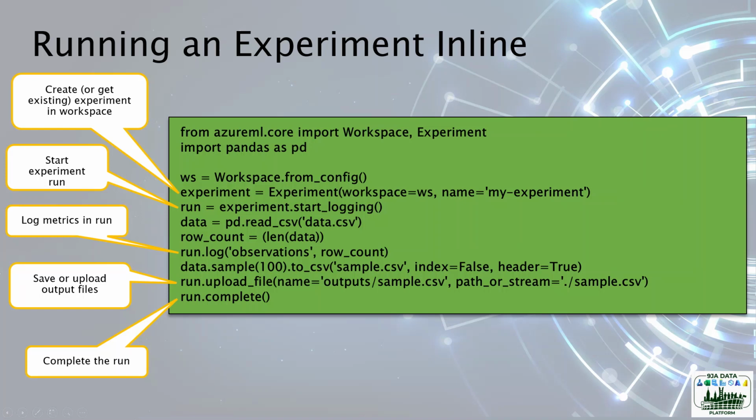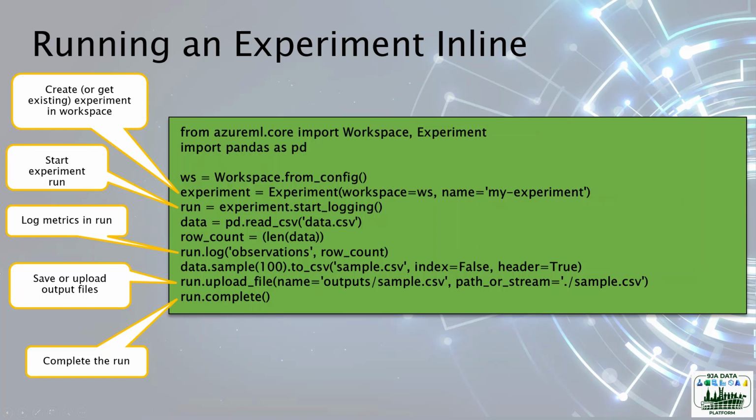We're initializing the experiment, and we are starting the log. Then we are reading data from the CSV file and counting the number of rows in that data set. Observations are being logged as observations.